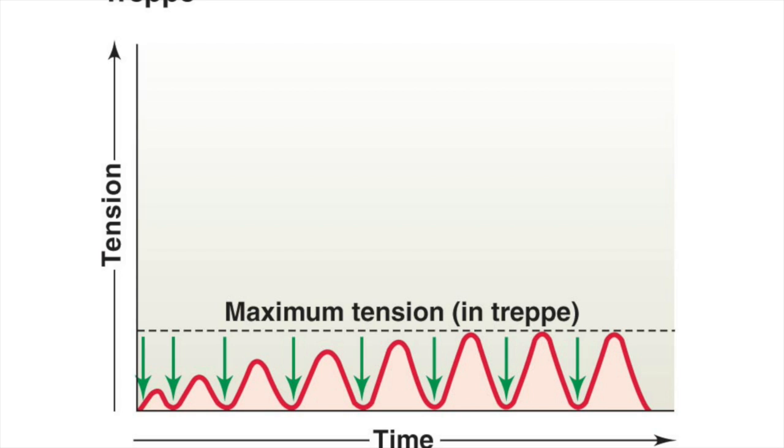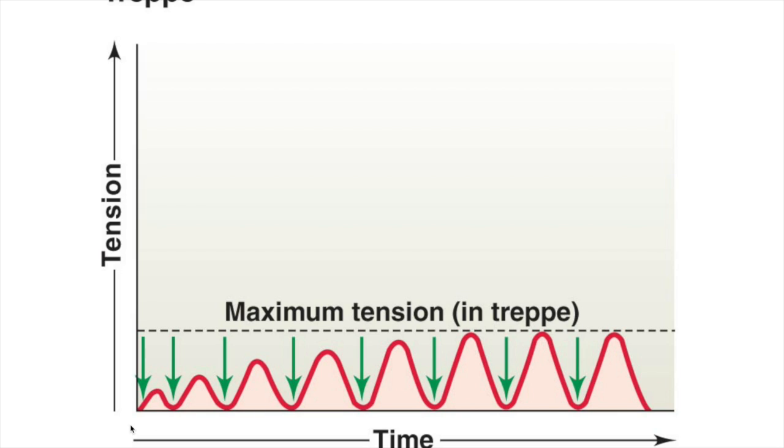If a muscle cell is stimulated right after it has relaxed, the next contraction will produce greater tension. So here's the first stimulus, and then if the next stimulus is given right away, it's going to increase the tension of the next stimulus, and if it happens again, it increases further, until we get up to our maximum tension.